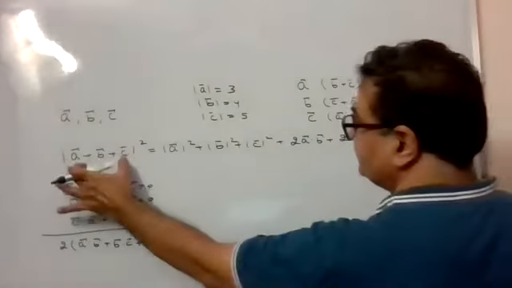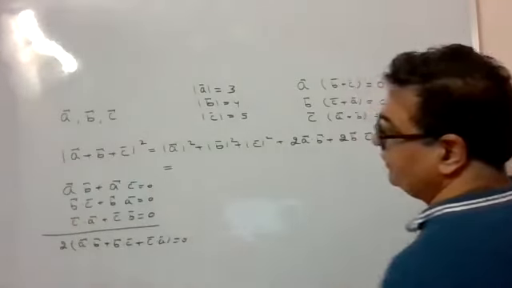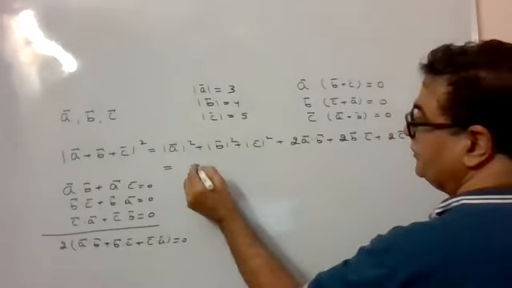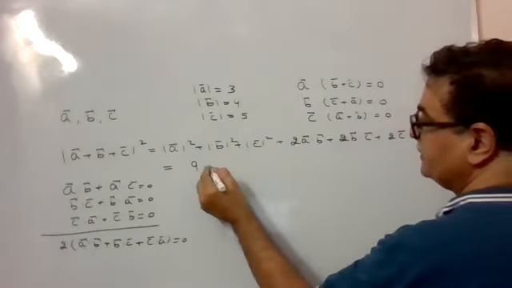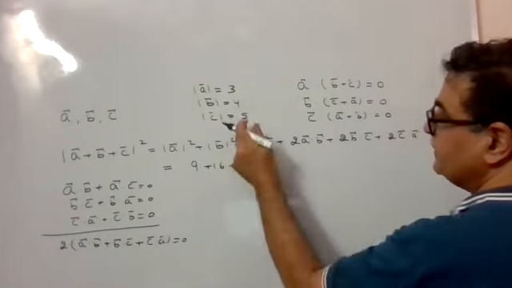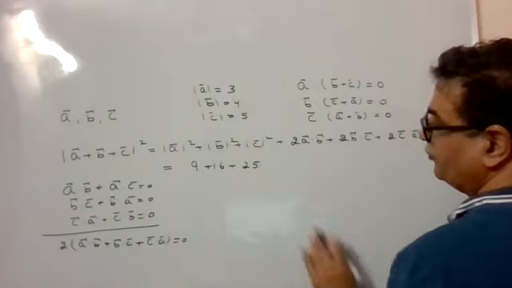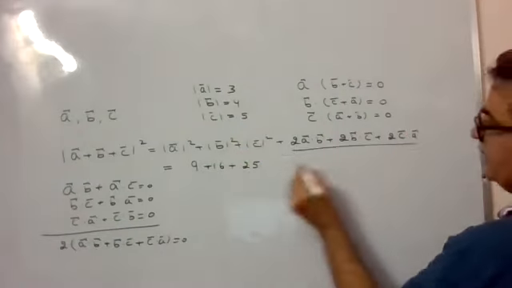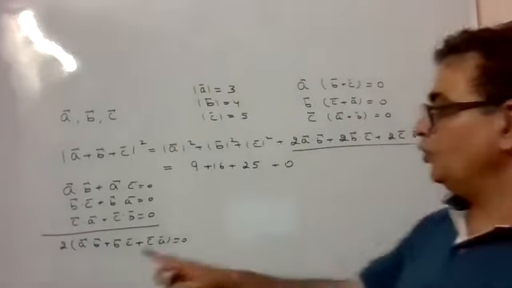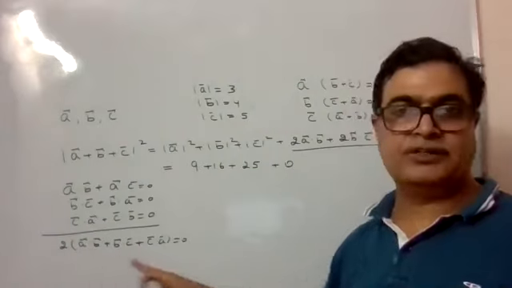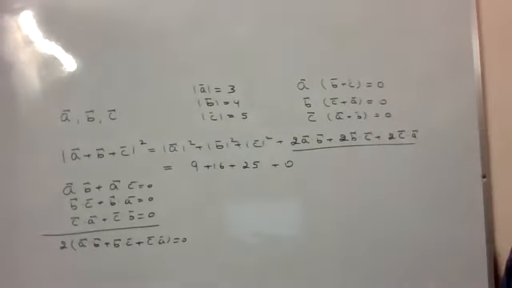Now they are asking for this value to be calculated, so I calculate it now. A square will be 9. B square will be 16. C square will be 25. And the rest of the result will be 0, because 2 A dot B plus twice B dot C plus twice C dot A, we already got 0.